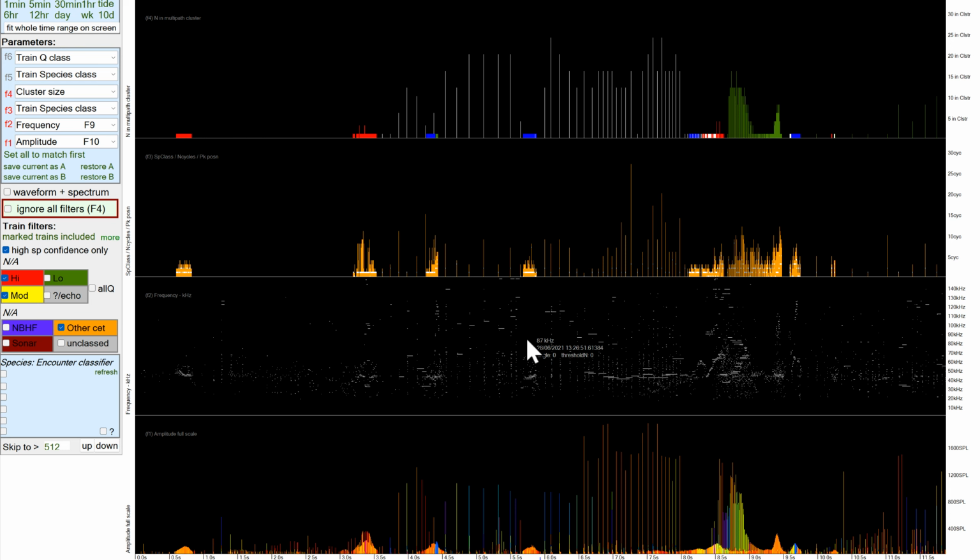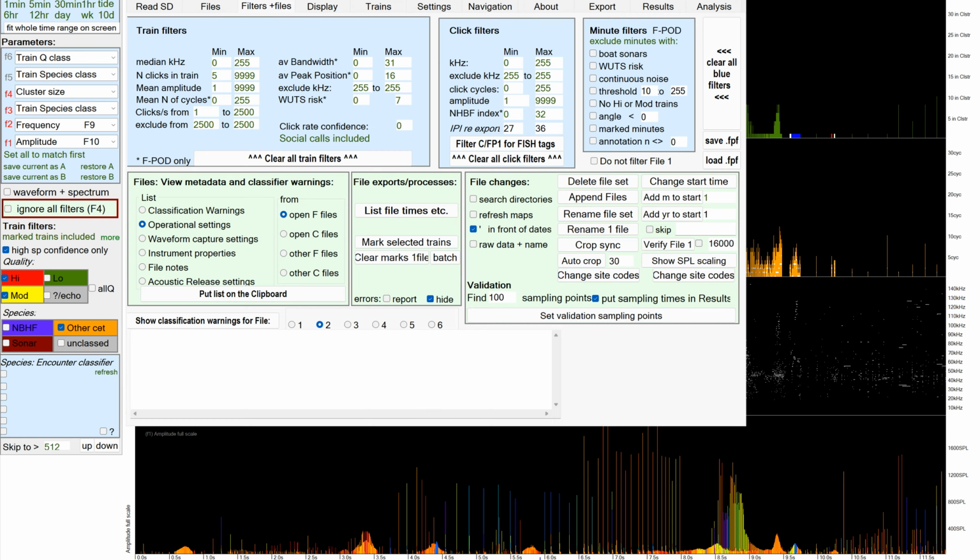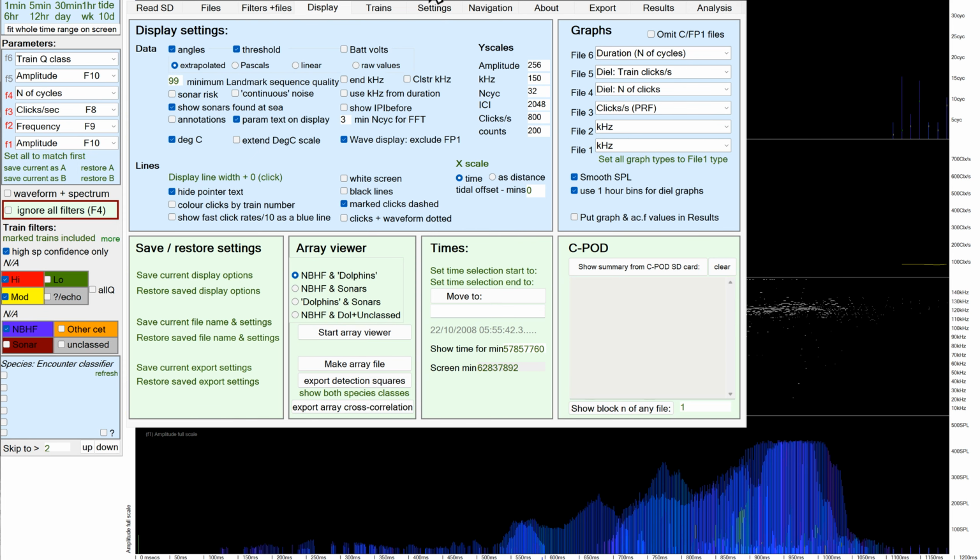Okay, so they're incredibly useful. You can distinguish noise from cetacean click trains, including dolphin click trains, relatively easily by looking at these.